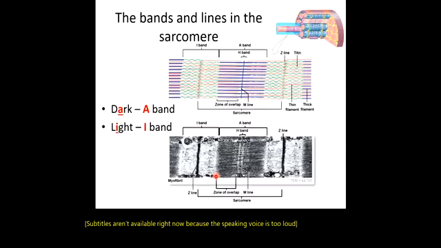A couple more things I want to point out is that this dark line in the middle of the I band is known as the Z line. The Z line is made up of various types of proteins, and it's from Z line to Z line that makes up a single sarcomere. The thin filaments are all connected to the Z line.